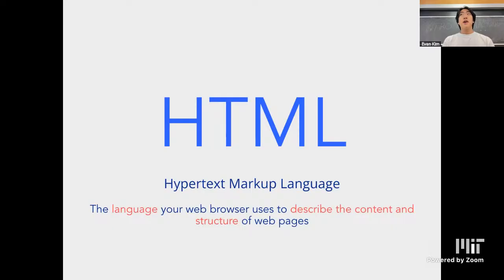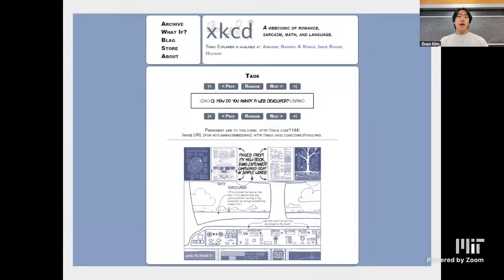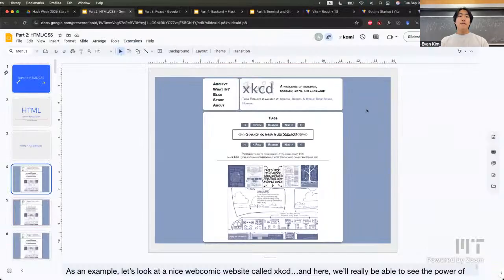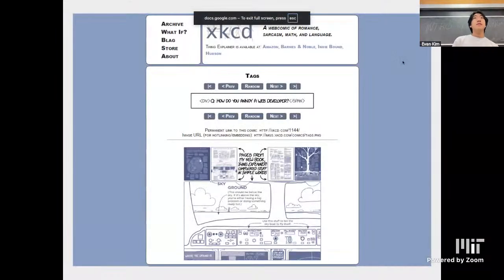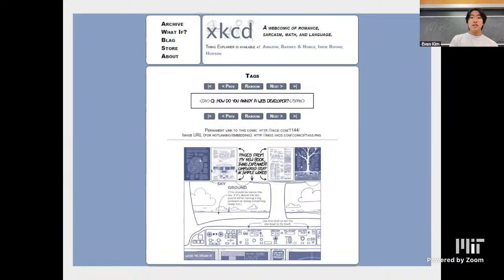There's also JavaScript, which determines how you interact with it, but we don't talk about that too much. HTML is the skeleton of your website. It determines how things are structured, but it doesn't determine how things are styled, and that's CSS.